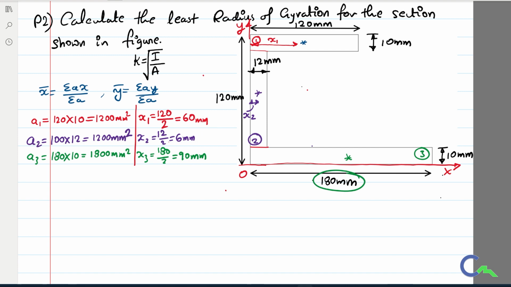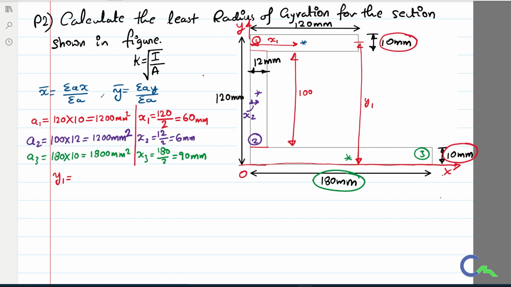So to find y1, y2 and y3, the y1 distance is the distance to the centroid of the first component. So I can say that this is the y1 distance. y1 is nothing but 10 mm plus 100 mm, plus 10 divided by 2.